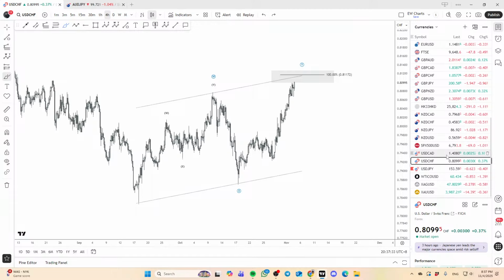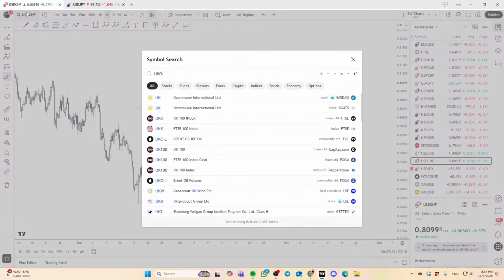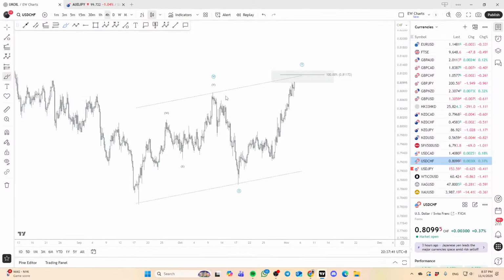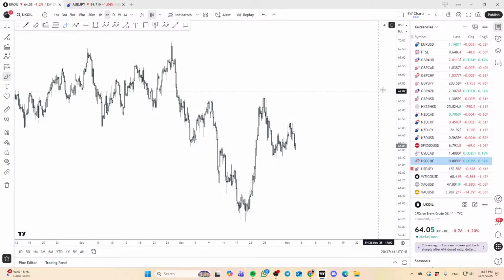Calvin asked about the UK oil. Okay, Brent crude oil. To be very honest, this is similar to the comparison of S&P and Nasdaq. They're more or less the same in terms of pattern structure.